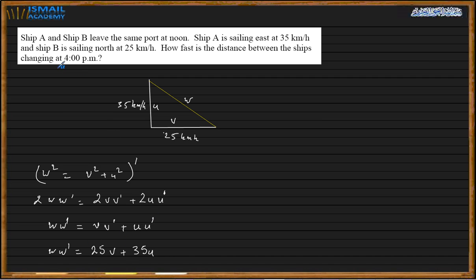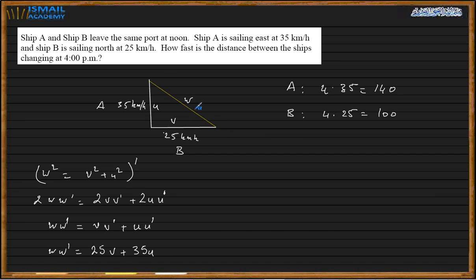Now I need to know what my v and my u are, but I know that the time is 4 and the speeds are 25 and 35. If I want to know the distance traveled by A and B, the distance traveled by ship A is 4 times 35, which is 140, and the distance traveled by ship B is 4 times 25, which is 100.